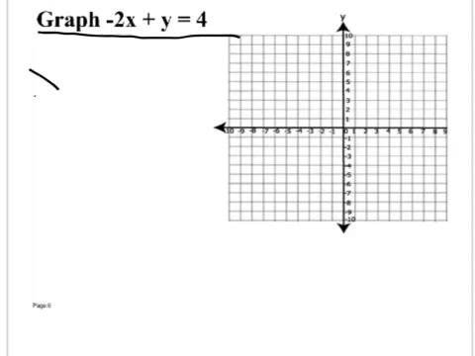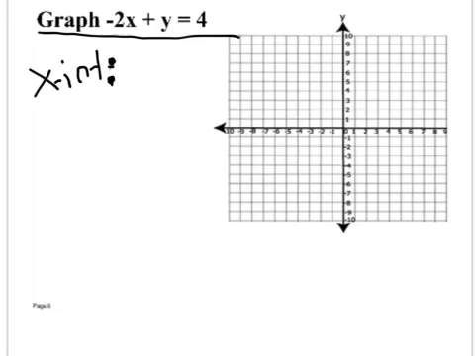So I need to find my x-intercept. Someone tell me how I'm going to find the x-intercept. What did I say is common about every x-intercept? What, Braden? Well, the y is always going to be 0.